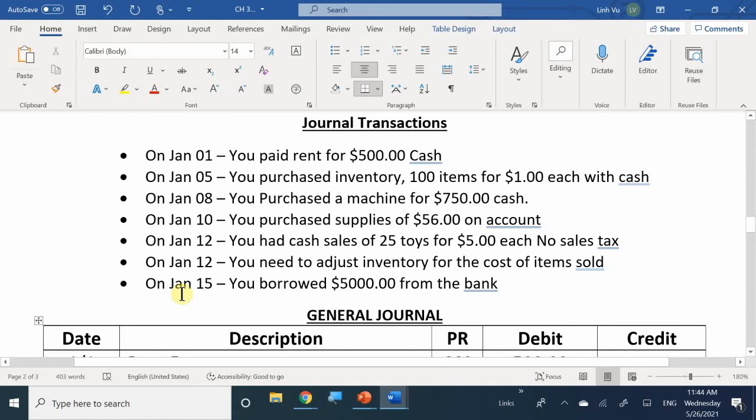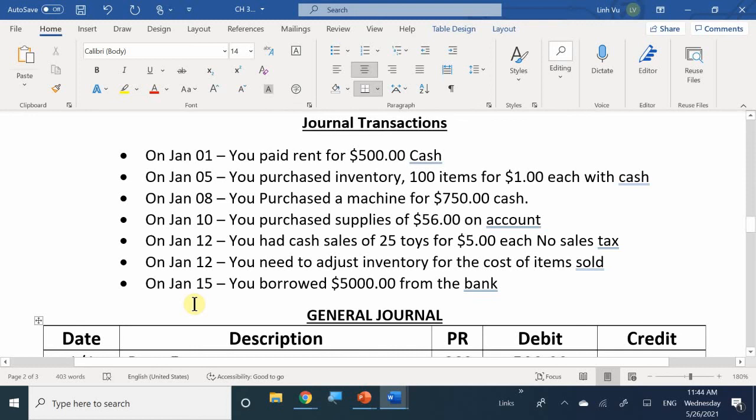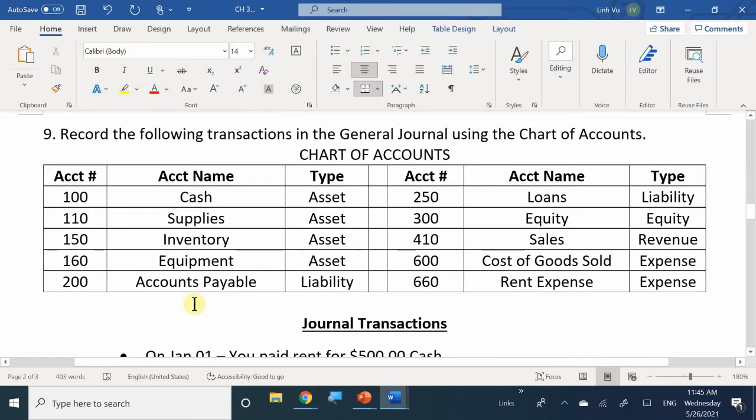Okay? All right. On January 12th, you had cash sales of 25 toys for $5 each. No sales tax. Okay, so let's take a look up here.